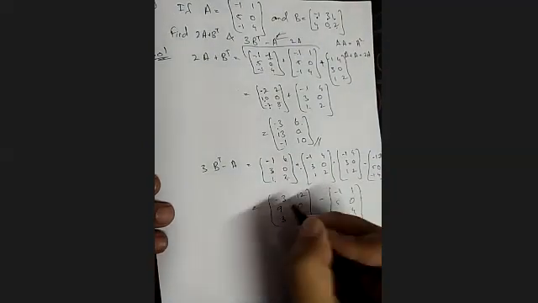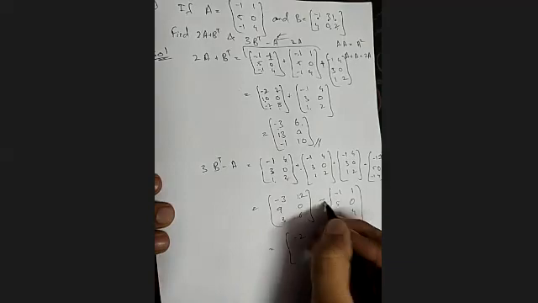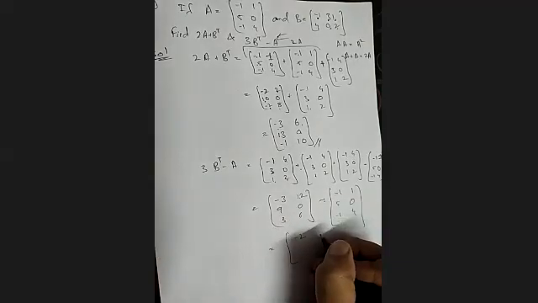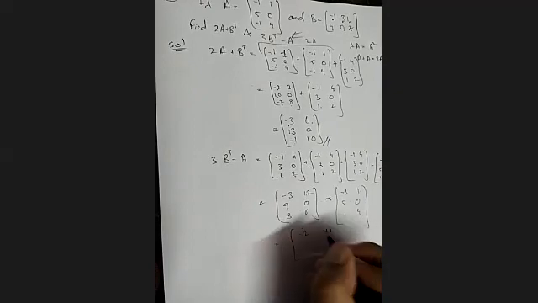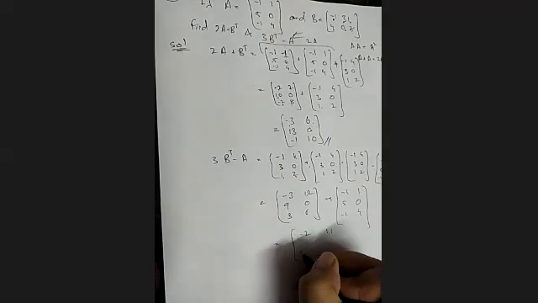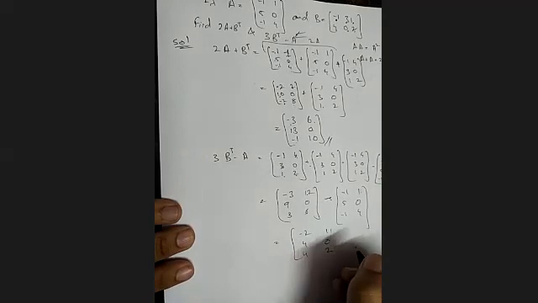Now subtract. Okay. 3 minus of minus 1 will be 4. Minus 3 minus of minus 1 will be minus 2. 12 minus 1 will be 11. 9 minus 5 will be 4. 0 minus 0 is 0. 3 minus of minus 1 will be 4. 6 minus of 4 will be 2.